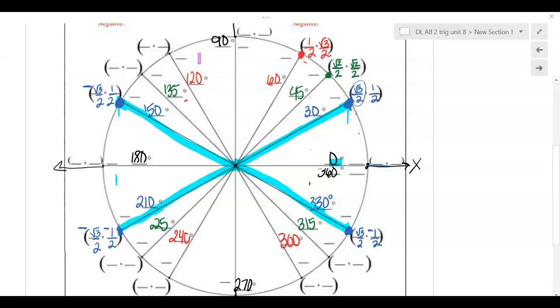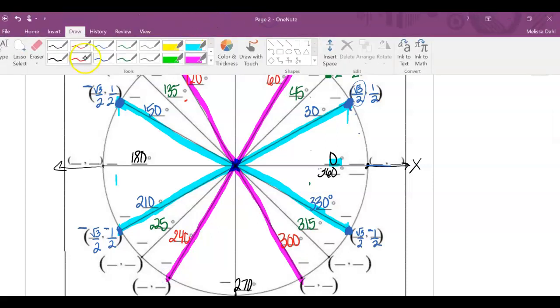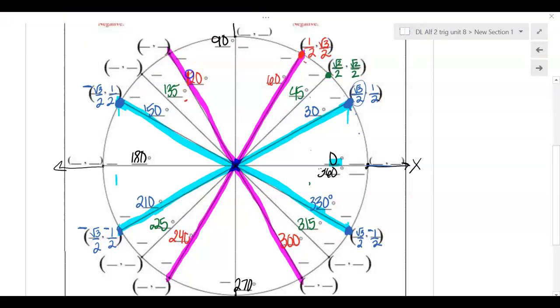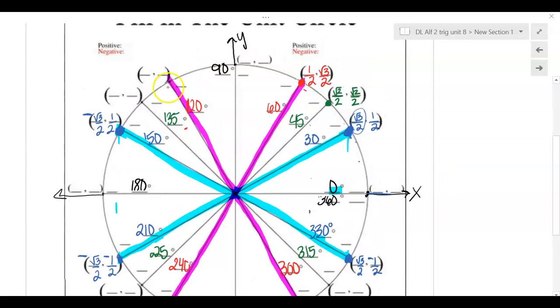Now, if I look at the 60-degree angles, notice that those ones are 60 degrees away from the x-axis, 60 degrees away from the x-axis down here, 60 degrees away from the x-axis up here, 60 degrees away from the x-axis down here. That means all of those angles are going to have the same coordinates, but to land in the different quadrants.